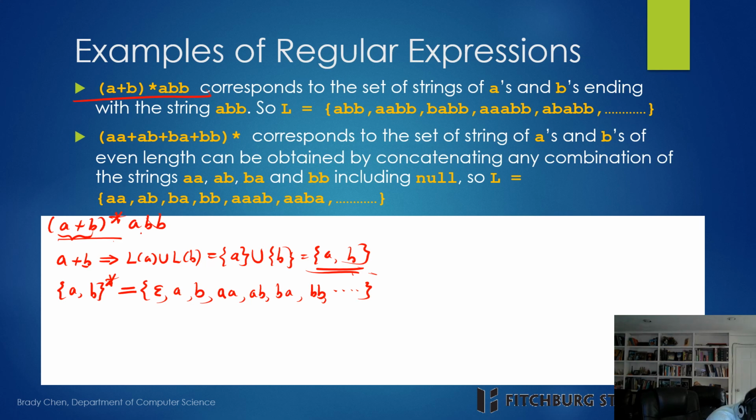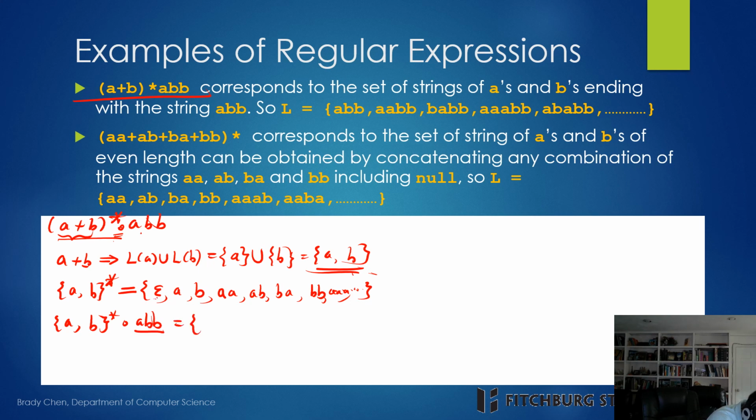And then the next part is abb. That's the concatenation here. So we have the language (a+b)* concatenated with abb. If abb is concatenated with the empty string, that gives you abb.